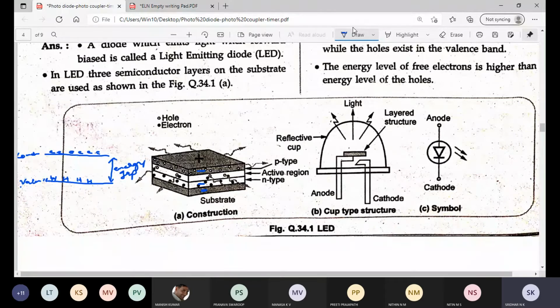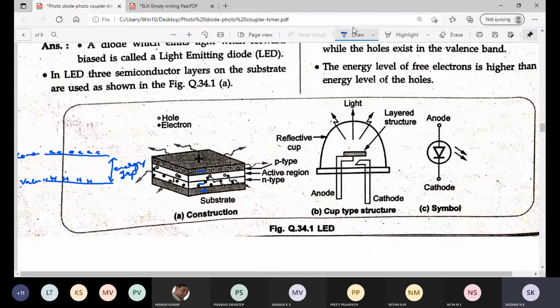The electrons in the conduction band will jump to the valence band by releasing some energy in the form of light.